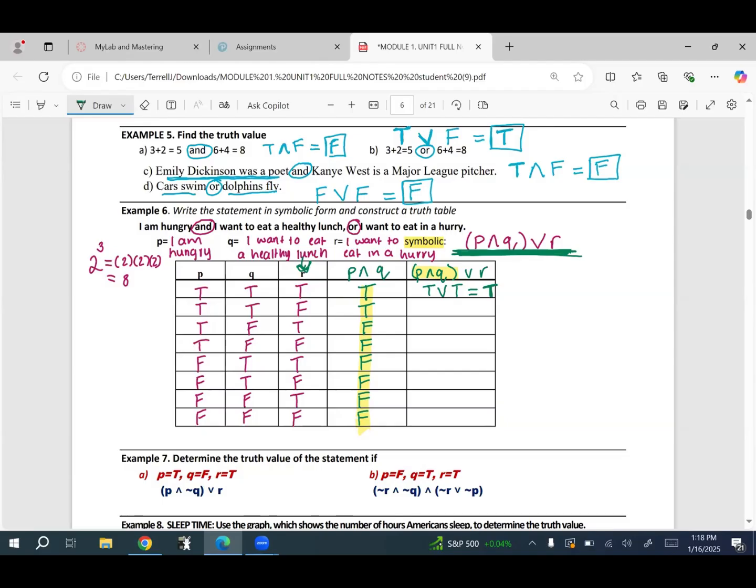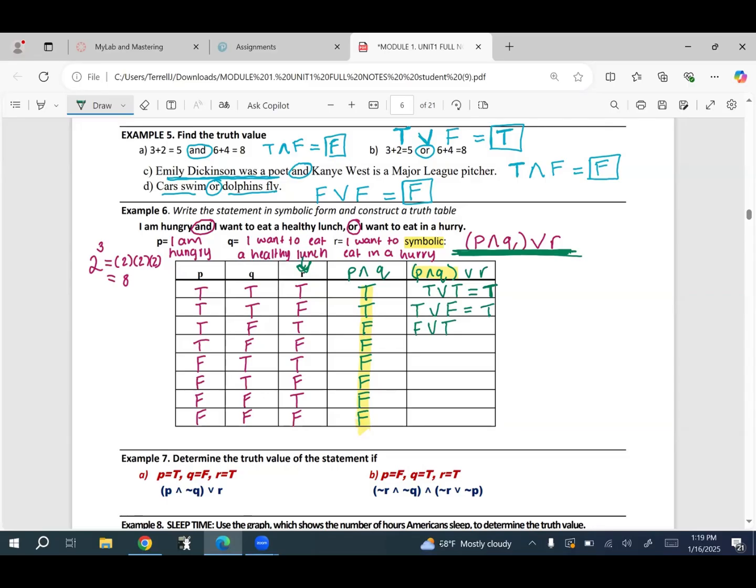So let's look at the second one. The P and Q, we found that is true, or R is false. What is true or false? True or false is true, yes. Look at the next one. False or true.